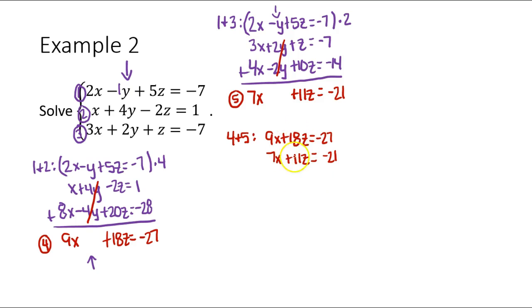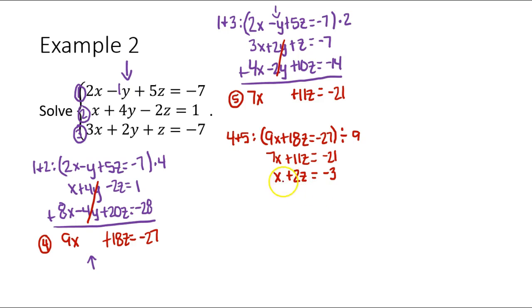Now, these numbers are fairly large, but I do notice in equation 4 that everything can be divided by 9. All these are multiples of 9. So I'm going to take my first equation and divide it by 9. That's going to give me x plus 2z equal to negative 3.